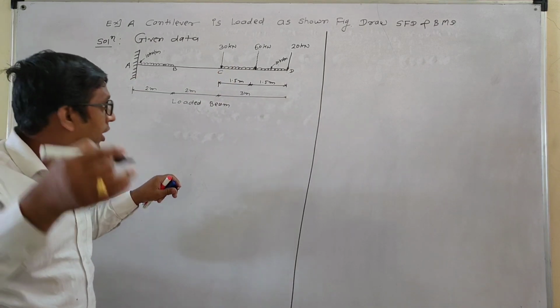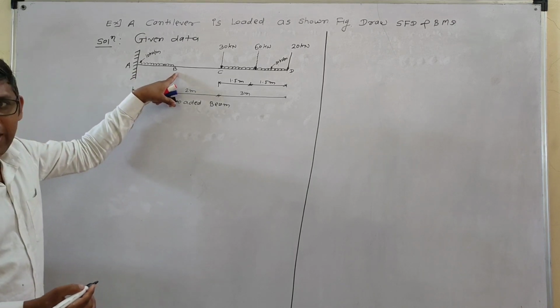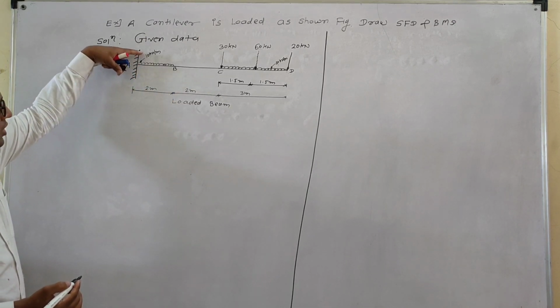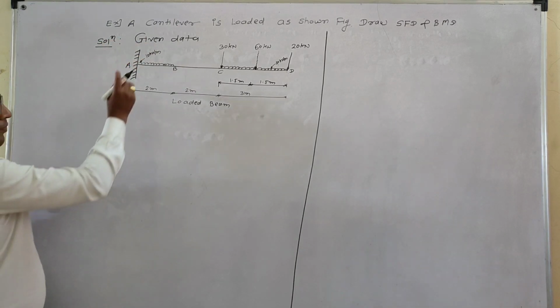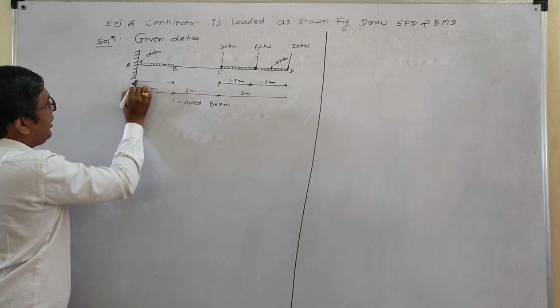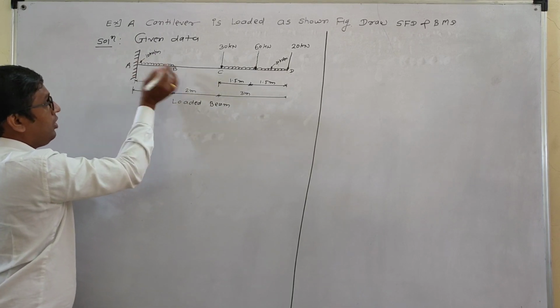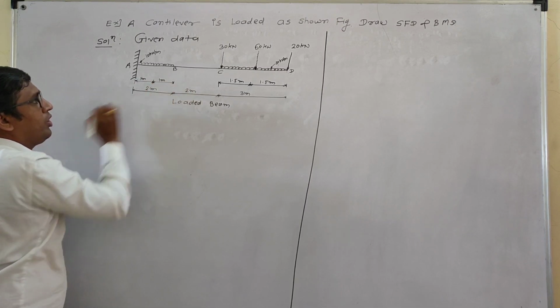Remember that. Next, the UDL between A and B span. That UDL is how much? 10 kilonewton per meter, and that UDL acts at the mid span of AB, that is 1 meter, 1 meter.